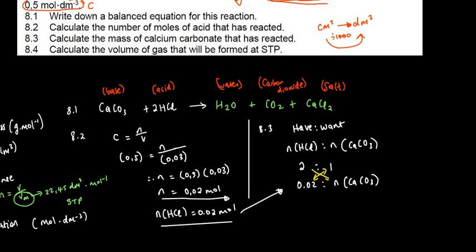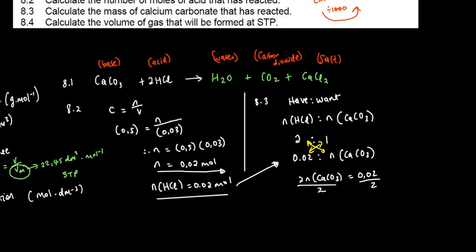Yes, sir. Now when you cross multiply, you will have 2n of calcium carbonate is equal to 0.02. Then you divide by 2 both sides, so that you just get the number of moles of the calcium carbonate.